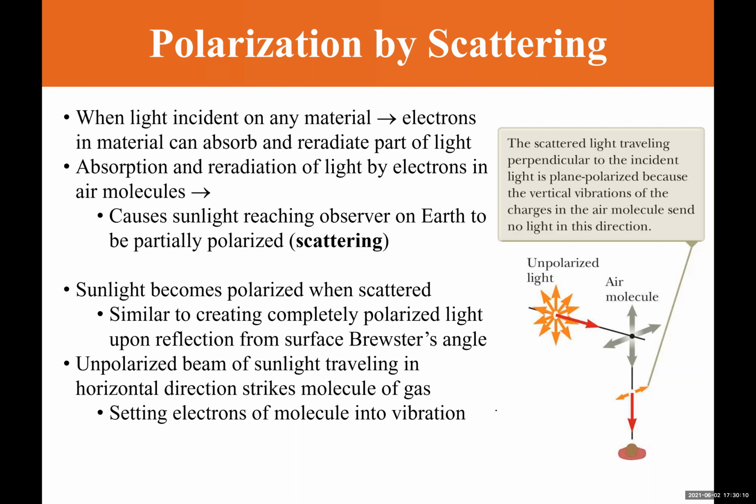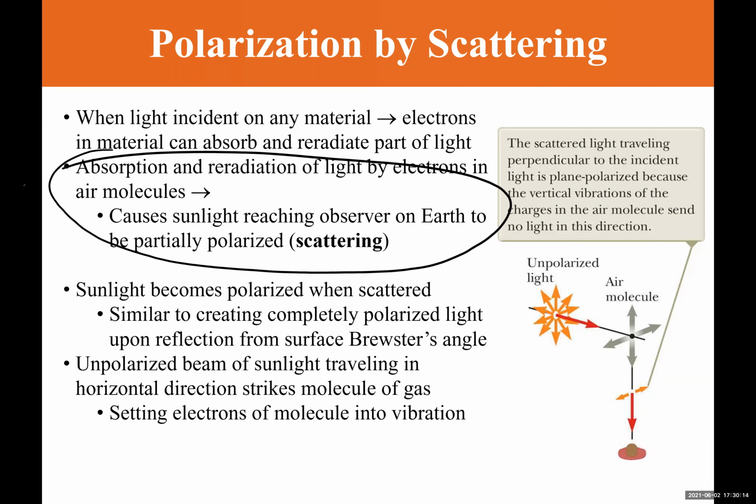So this absorption and re-radiation or re-emission of light by electrons in air molecules is what we call polarization by scattering. Okay, that means all the electrons, the molecules and things like that in our atmosphere, absorb and re-emit.